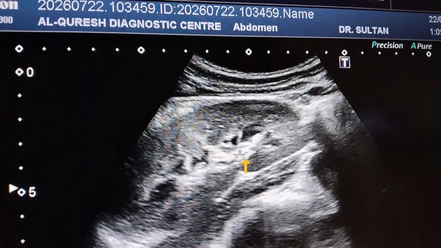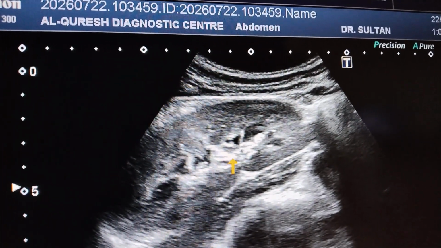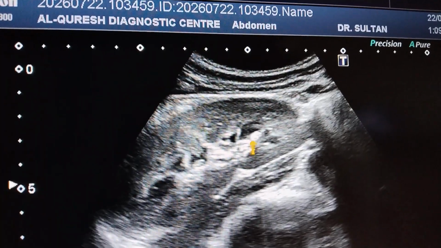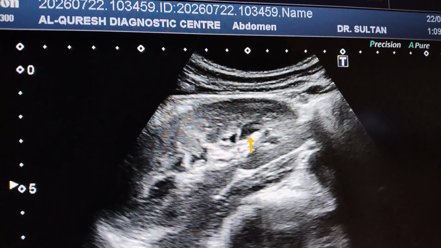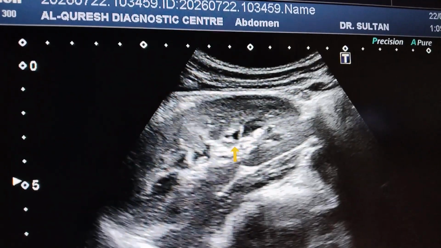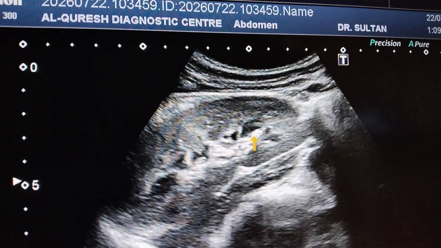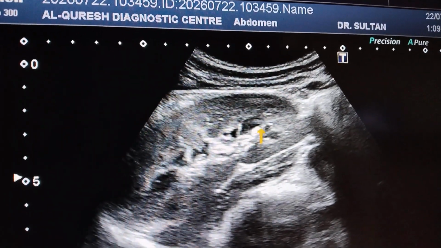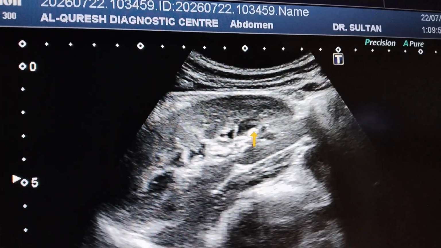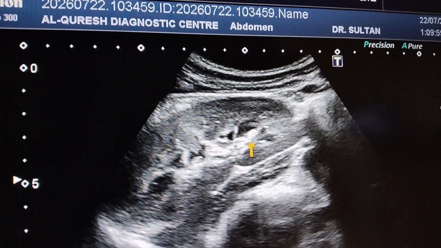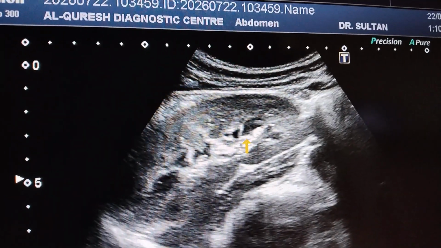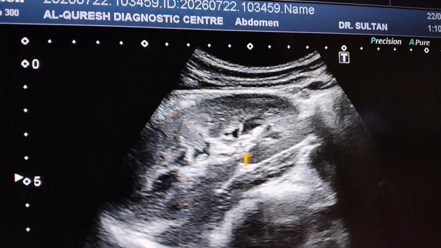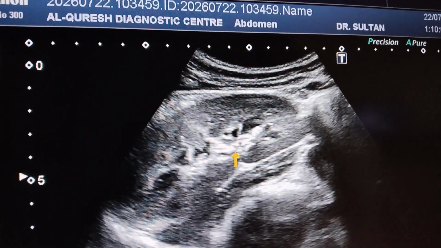So this echogenic focus has almost the same echogenicity as the adjacent tissue. So what is this echogenic focus, and what are these echogenic foci which are somewhat linear? We are now discussing it.